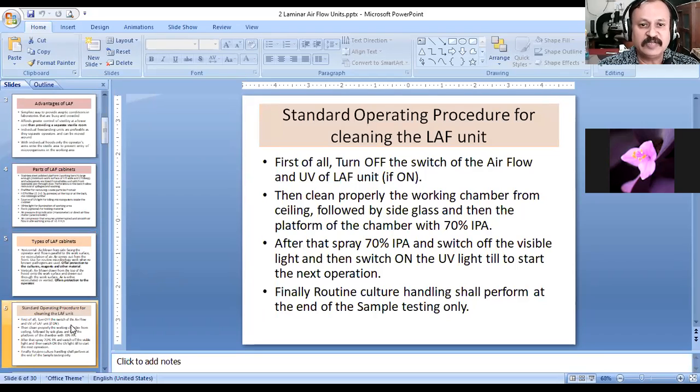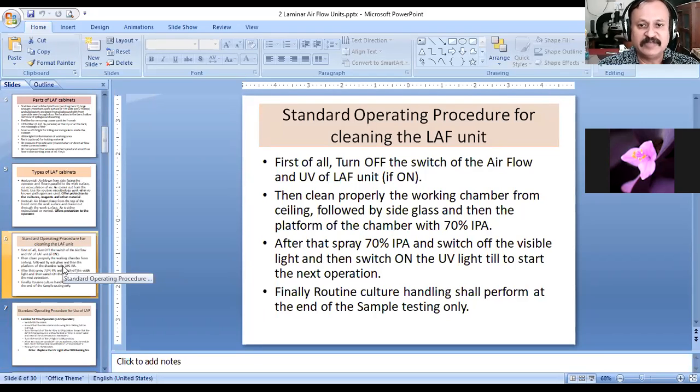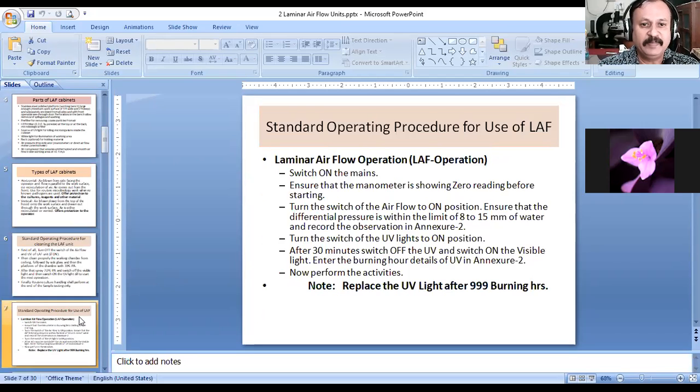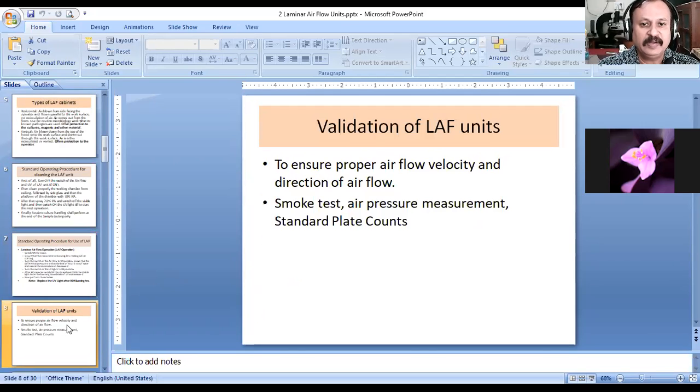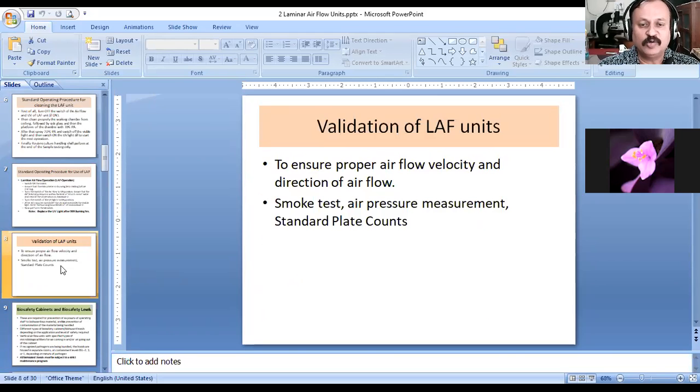And then we have also seen how these devices are used, how we operate them, how we clean them. And I have also told you about how to know whether the instrument is working properly or not. That is to say, how to validate the device, how to validate the instrument.